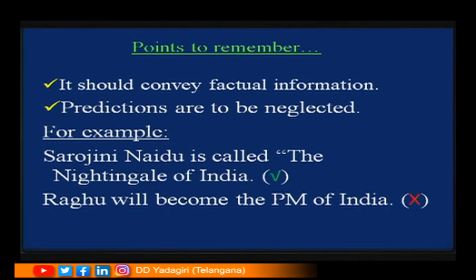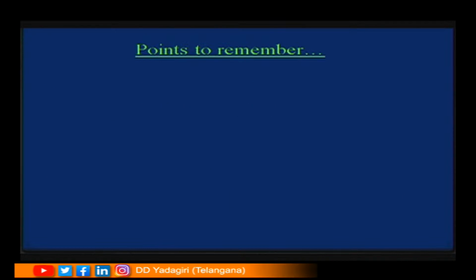No, he may or he may not. So, it is a prediction. Predictions like these statements we should not use while writing a profile. So, every time while writing a profile we have to take care to convey factual information.